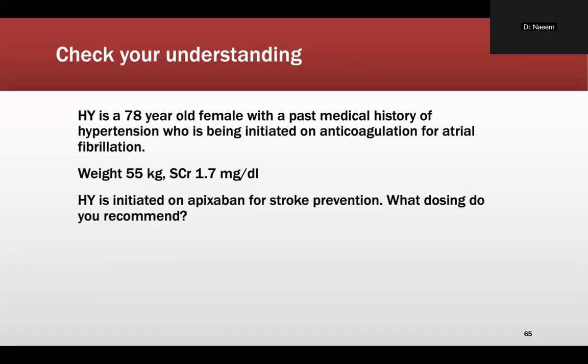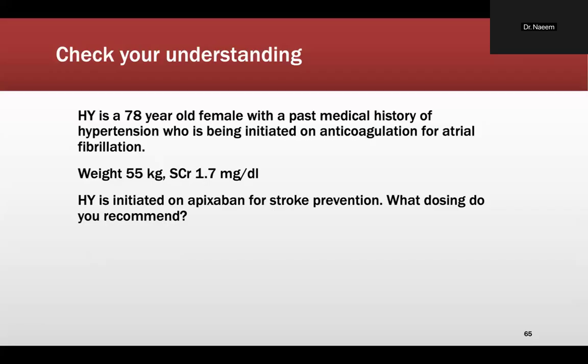And then if this patient is initiated on apixaban for stroke prevention, our dosing would be, so we've been provided a weight and a serum creatinine. Based off of this information, she has a weight that is less than 60 kilos, and she has a serum creatinine of above 1.5.